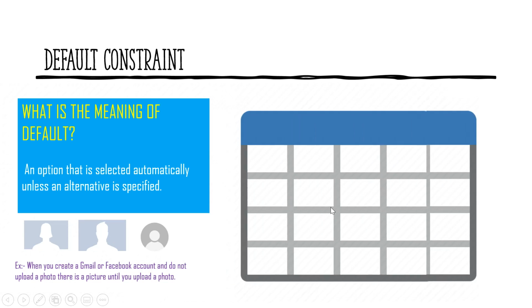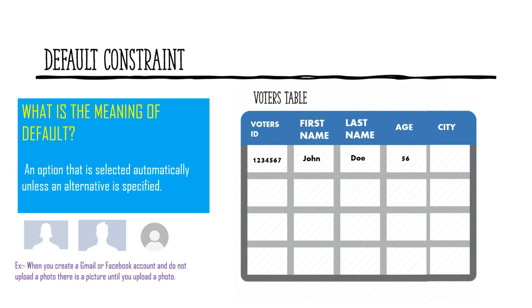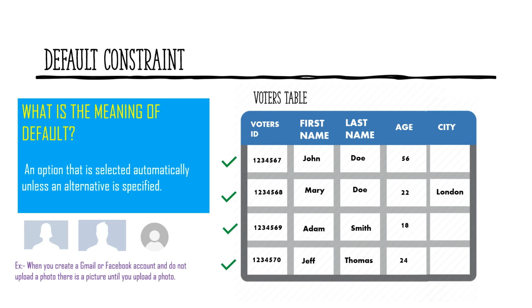So let's go ahead and see our voters table and see what default constraint is. Here I'm going to enter this particular row, and then another row gets inserted with city as London, and another row without the city information, and another row without the city information.